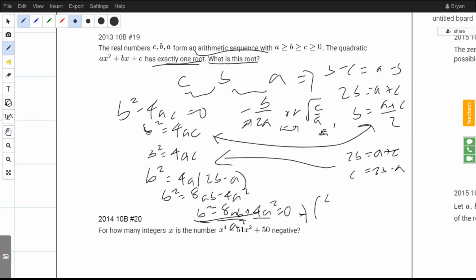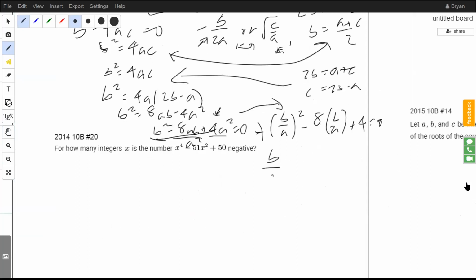So we're left with (b over a) squared minus 8 times (b over a) plus 4 equals 0. We turn this weird two-variable polynomial into just a quadratic with b over a as the variable. In this way, you can solve for the ratio without solving for each individual value, which is actually impossible.